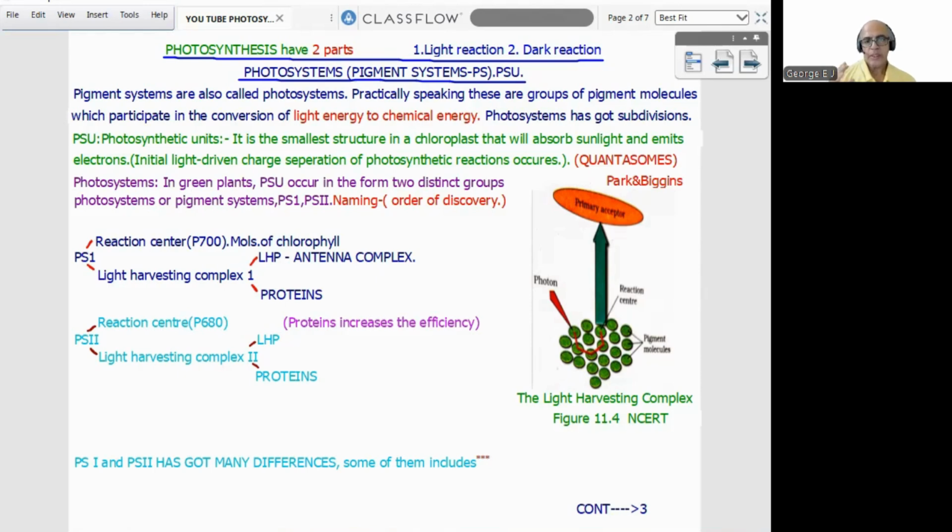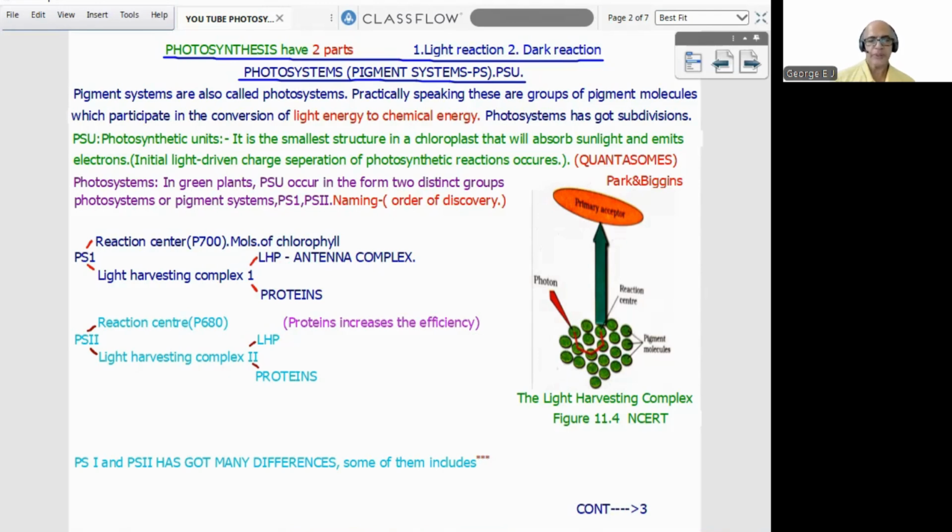Now, on the right side, you can find the NCERT diagram. It is a labeling question. Now, what are the components of PS1 and PS2? PS1, its reaction center is P700. That is, the chlorophyll molecule can absorb the wavelength of 700. Then, after the reaction center, the next component is the light harvesting complex, LHC. Again, it has got 2 segments: LHP, light harvesting pigments, which is otherwise called antenna complex, and proteins.